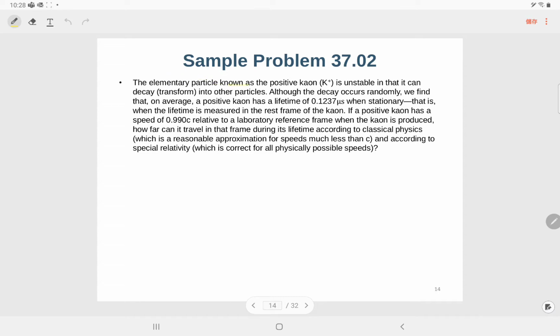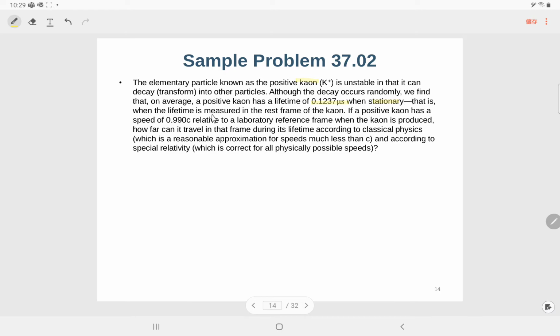So the elementary particle known as the positive kaon is unstable in that it can decay, transform into other particles. Although the decay occurs randomly, we find that on average a positive kaon has a lifetime of 0.1237 millisecond when stationary. That is, when stationary, which means the proper time.